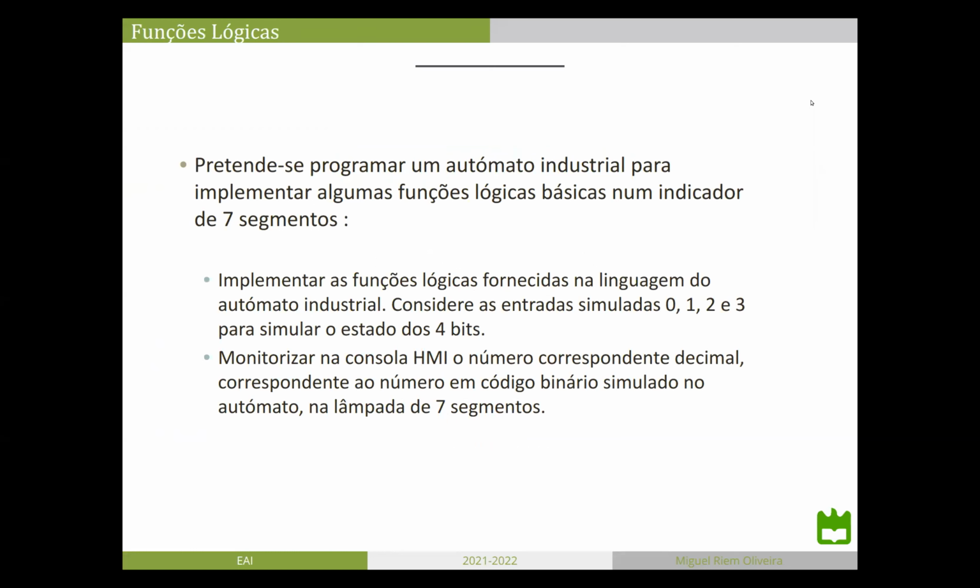So you want to have your HMI console with a symbol, with a drawing like this. And then you want to make sure that these lights turn on or off as a function of 4 variables, V0, V1, V2, and V3. Okay?